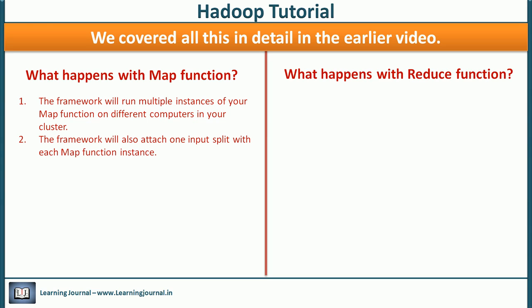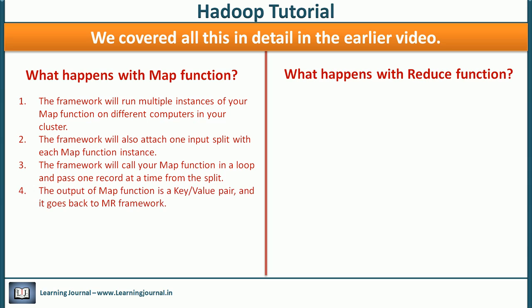The default input split is equal to one block of data. The framework will call your map function in a loop and pass one record at a time from the split. The output of the map function is a key value pair, and it goes back to the mapreduce framework. These 4 points are the essential basics for a map function.